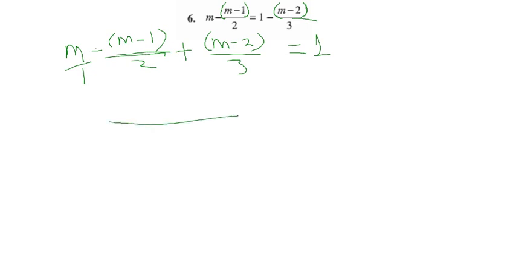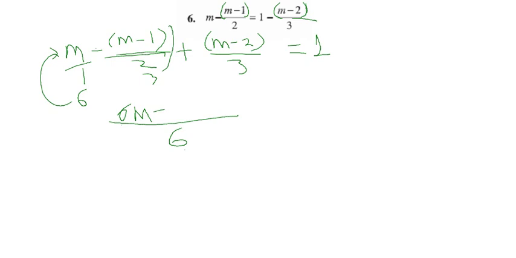denominator of all these three numbers becomes 6. So 6 divided by 1 becomes 6 here, and you multiply with m, so it becomes 6m. And then 6 divided by 2 becomes 3, and 3 you have to multiply with the whole group.